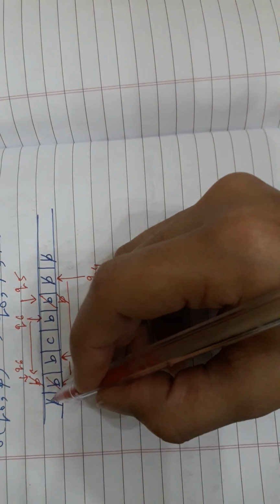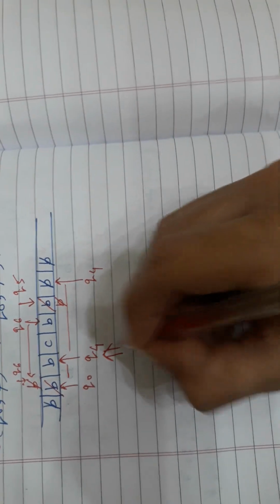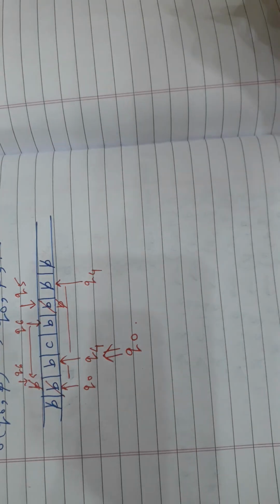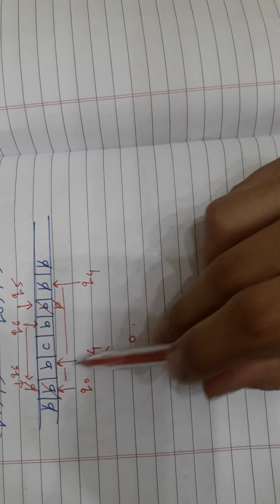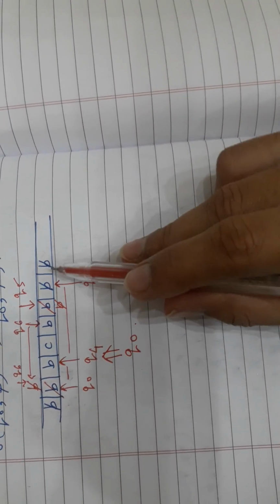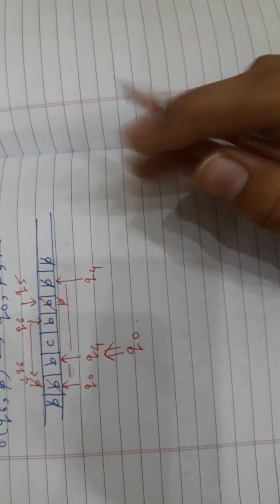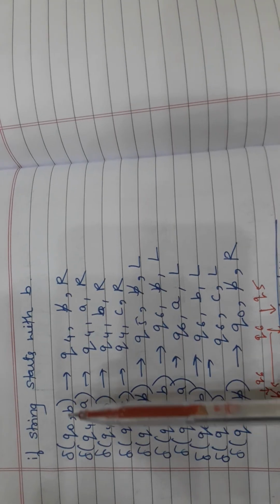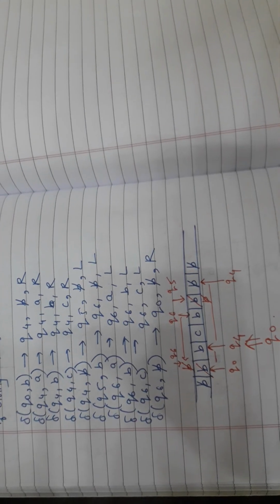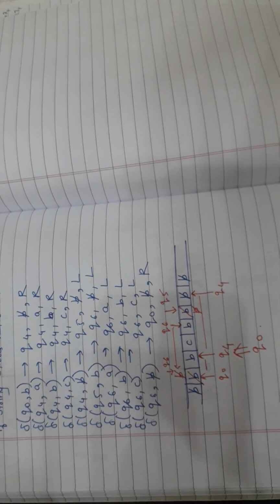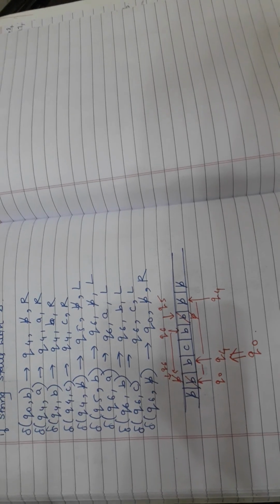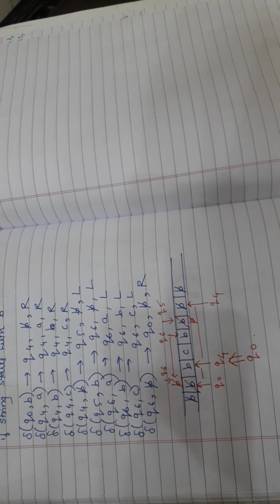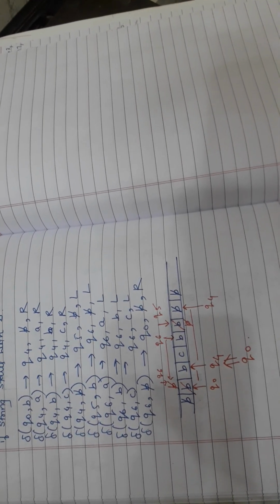As soon as the blank is received, move forward and make this as Q0, and we have already written what happens if Q0 receives a B. So whatever logic is discussed here, I'll show you the transitions for that. So if Q0 receives a B, change the state to Q4, make it blank, move in the right direction, that is forward direction.